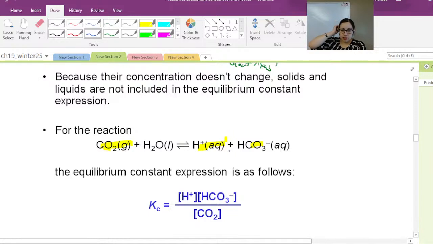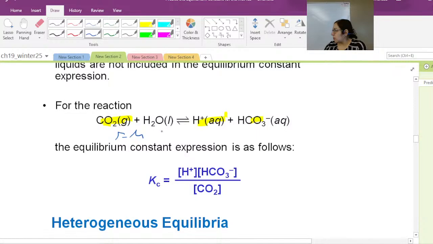This gets into our acid-base chapter, or at least gives you a little tease. Basically, our equilibrium expression is equal to the concentration of H+ ions times hydrogen carbonate over CO2. Again, all these would have to be in molarity, so even though it's a gas, this expression is in molarity.